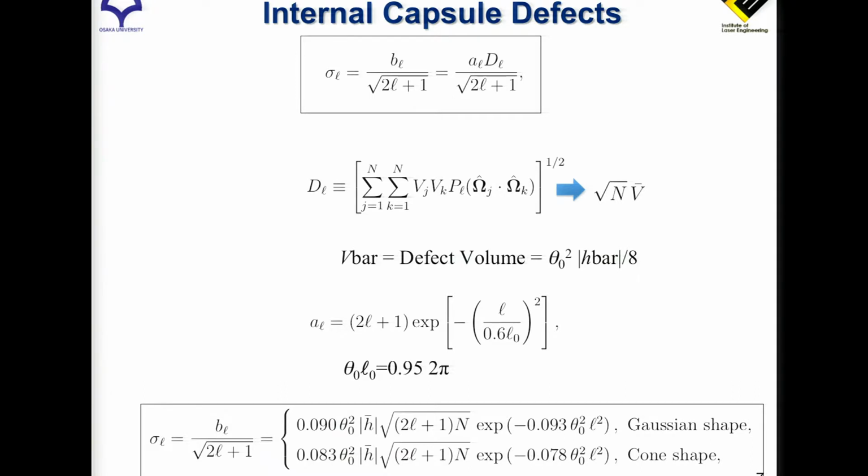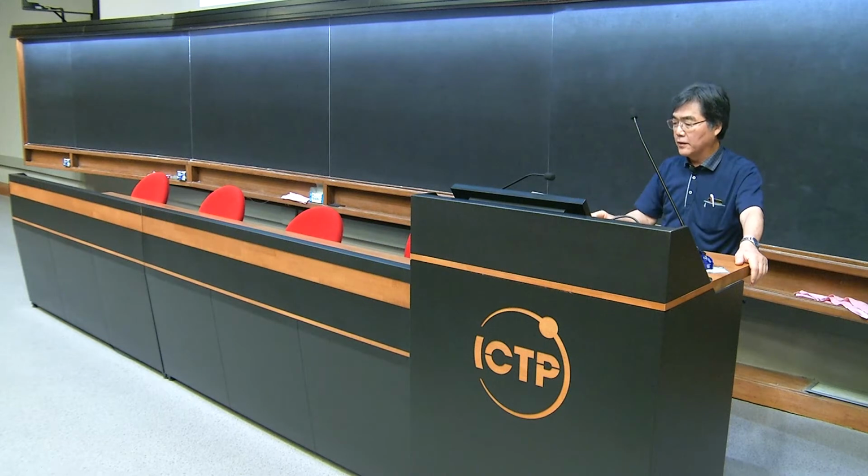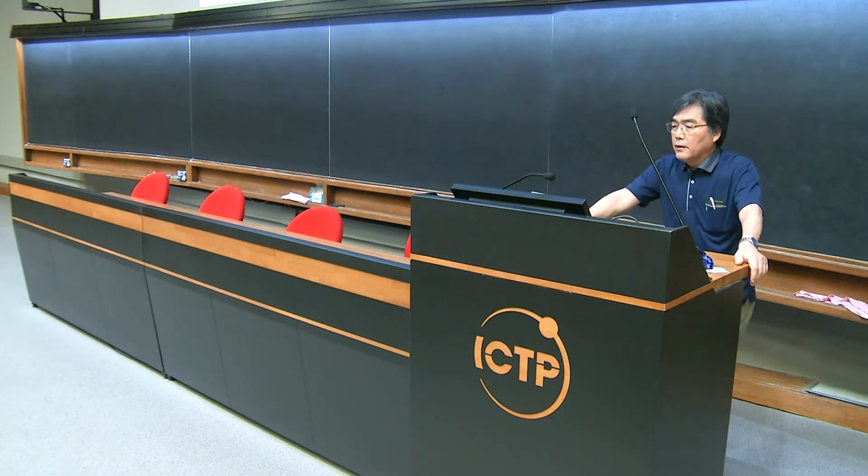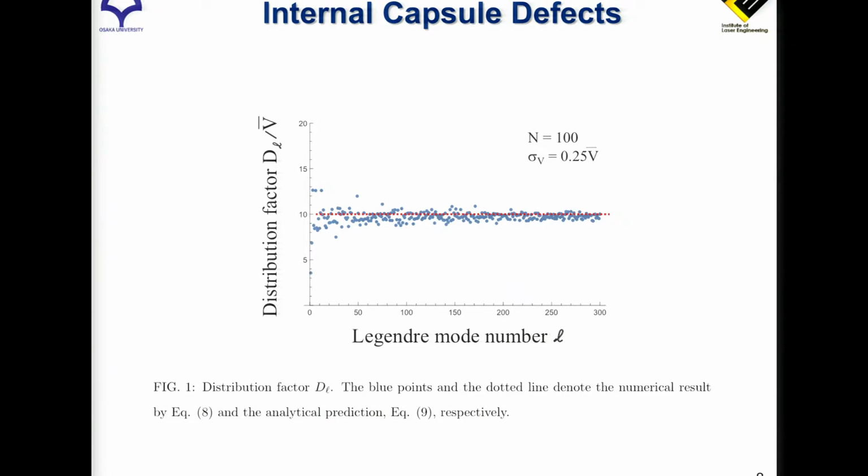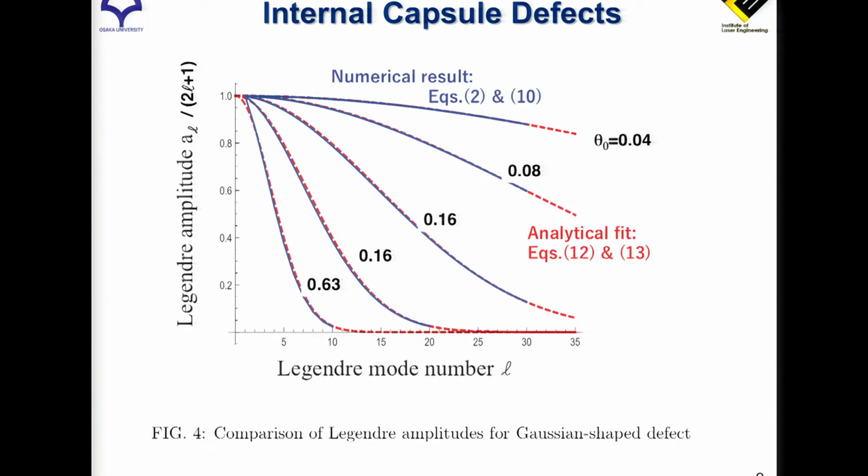I made two formulas, one Gaussian and another cone. It's almost identical. And as I mentioned, the distribution factor is nearly constant all over the L mode, and the single defect amplitude divided by some statistical number, that is 2L plus 1, that is nearly Gaussian.